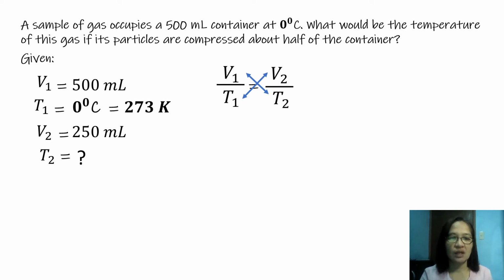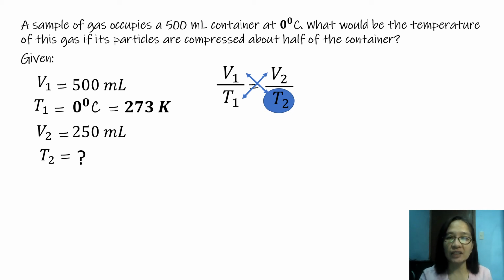Anong hinahanap nga natin? Yes, T sub 2. So ngayon ang magiging technique natin kung sino ngayon ang kapartner ng hinahanap natin, yun ngayon ang ating magiging denominator. Sinong hinahanap natin? T sub 2.